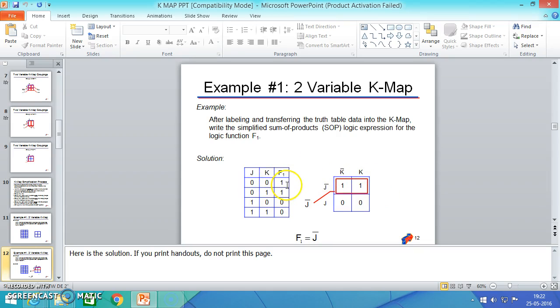So if we enter these high outputs, that is 1 and 1, in the respective positions in the K-map, then we get this 1 and 1. Now it is evident that a pair exists, a group of 2, 1 and 1. We make this pair, so we get the final result. K is reduced, we get J bar. So the final expression result is F equal to J bar.